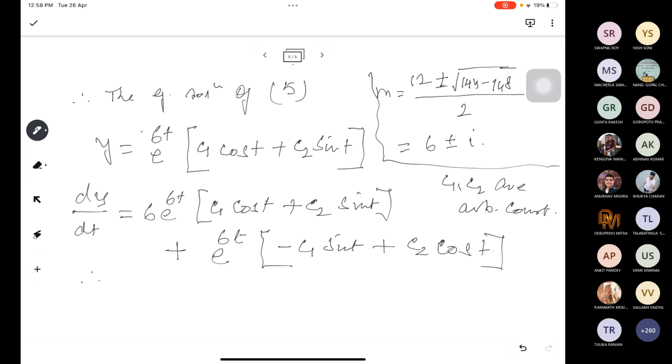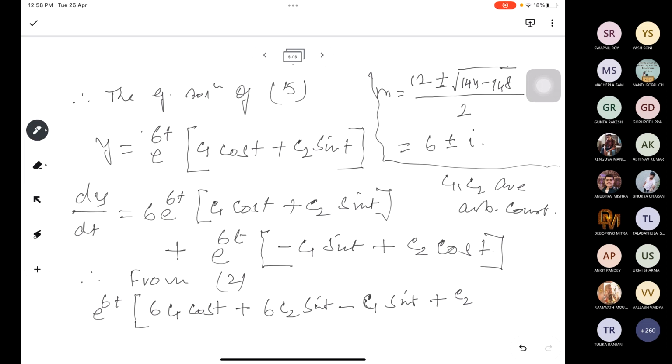So therefore, from equation 2, we can take e to the power of 6t common: 6C1 cos t plus 6C2 sin t minus C1 sin t plus C2 cos t.